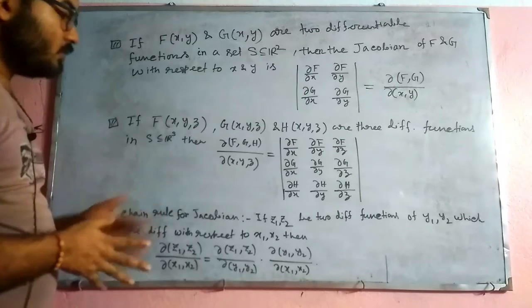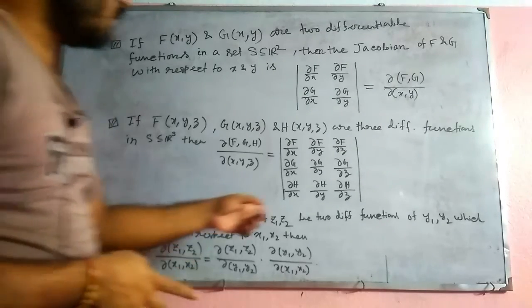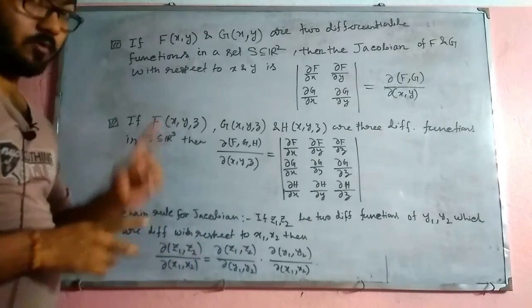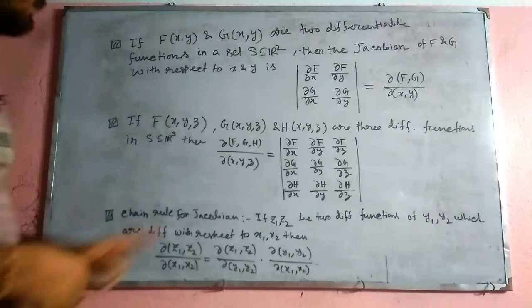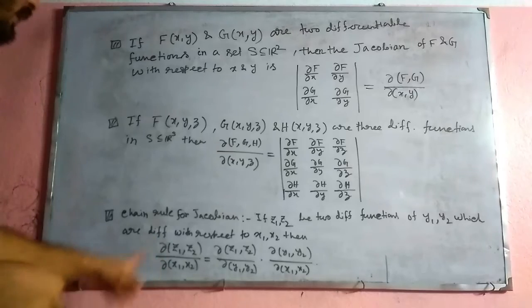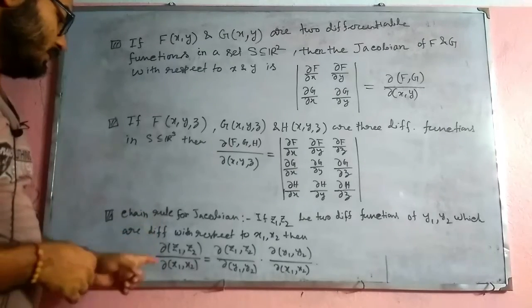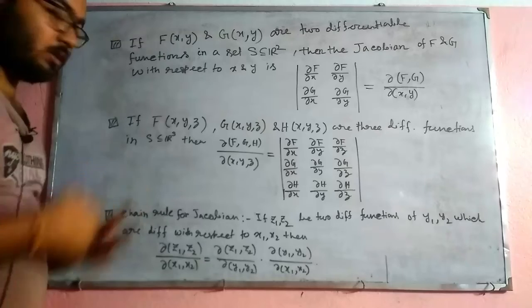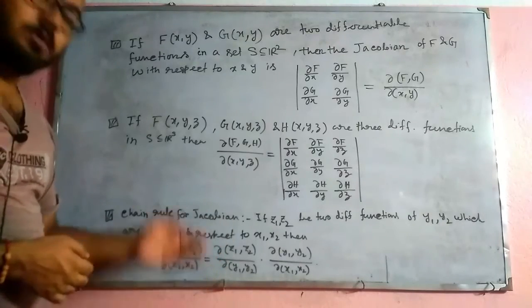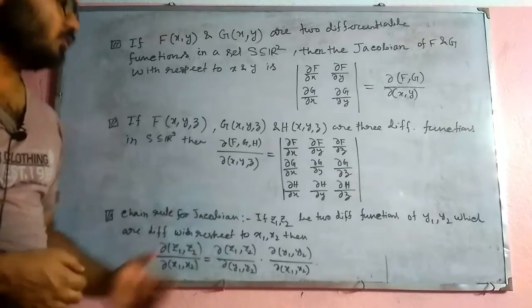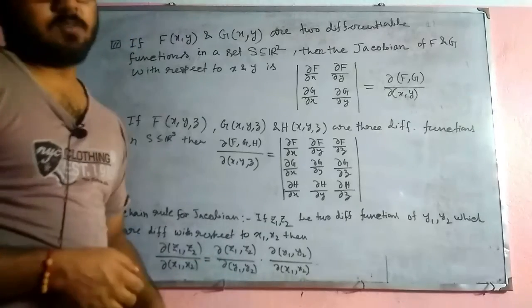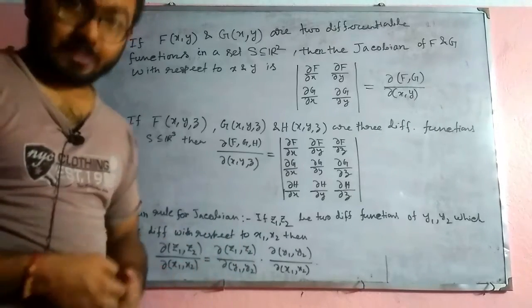Now the chain rule for the Jacobian is: if z1 z2 are two differentiable functions of y1 and y2, which are differentiable with respect to x1 and x2, then the Jacobian of z1 z2 with respect to x1 and x2 is equal to the Jacobian of z1 and z2 with respect to y1 and y2 into the Jacobian of y1 and y2 with respect to x1 and x2.